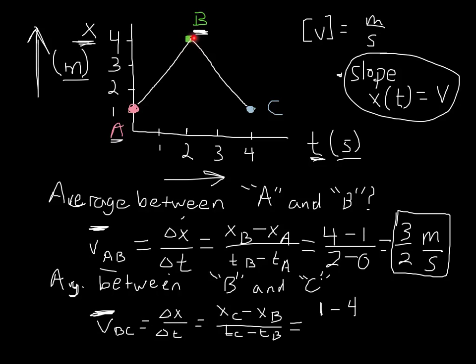What is my position? I'm at 4. And then I divide by the time at C. Here's my point C, traced down to my x-axis, and my time at C is 4. So I plug in my 4 minus time at B. Here I am at B. My time at B is 2.